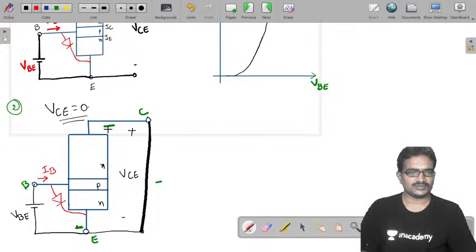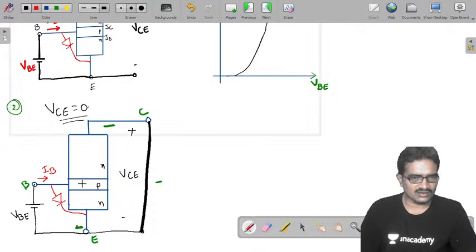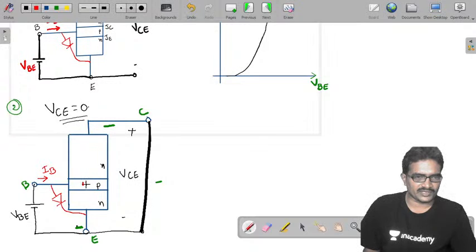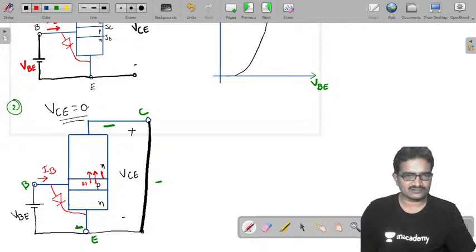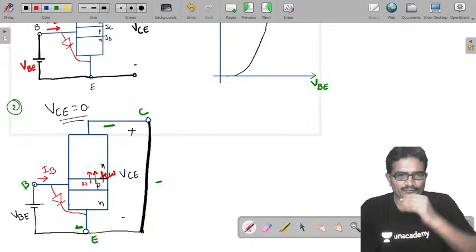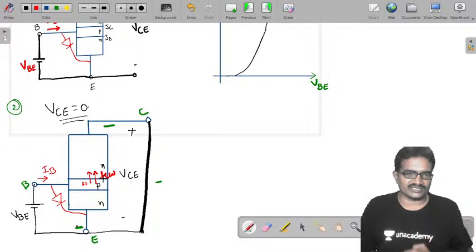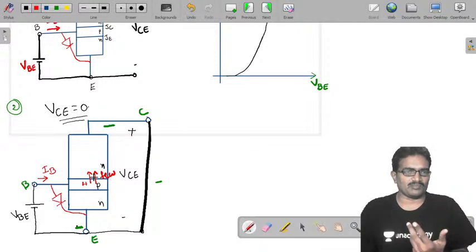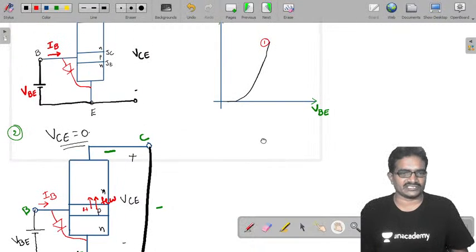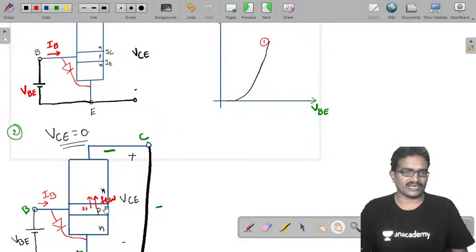But now, due to this negative, a few holes are attracted towards the collector. So in this case only 90 holes cross the junction, because the negative polarity on the collector terminal attracts the holes present in the base region.